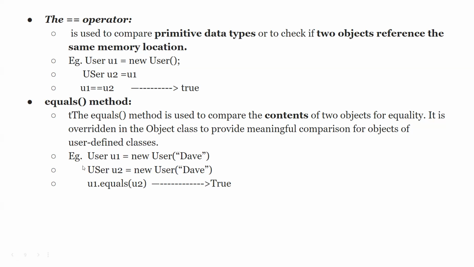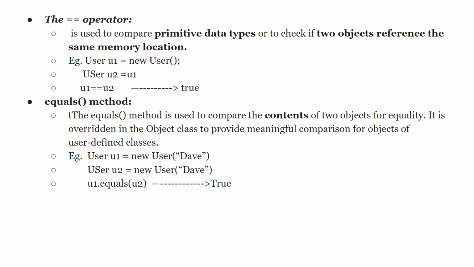Example: User u1 = new User("dev"), and User u2 = new User("dev"). So we are creating a redundant object. When we say u1.equals(u2), the answer is true, because the equals method cares about the content. u1 has the content dev, and u2 has the content dev. Mind you, this is a very important thing, the most asked question, but a bit confusing.